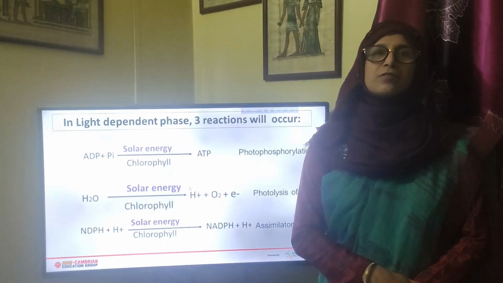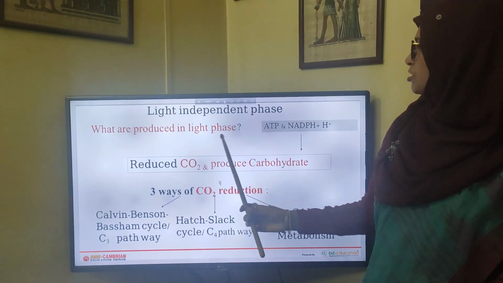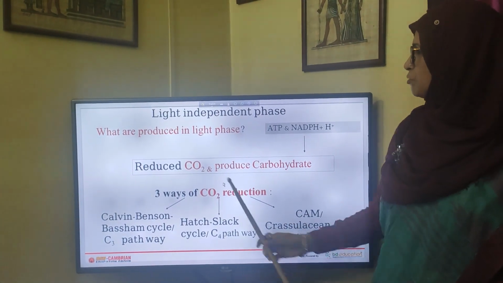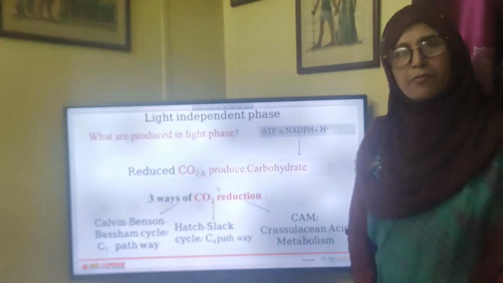So you understood, I hope. In the light independent phase, by using this ATP and NADPH2, carbon dioxide is reduced and produces carbohydrate type of food.